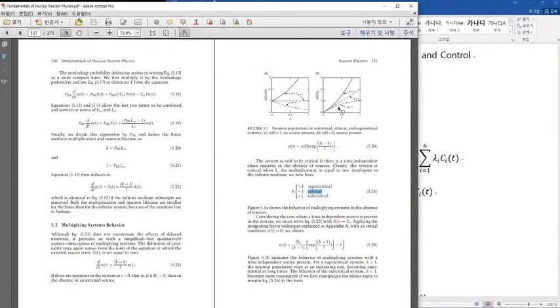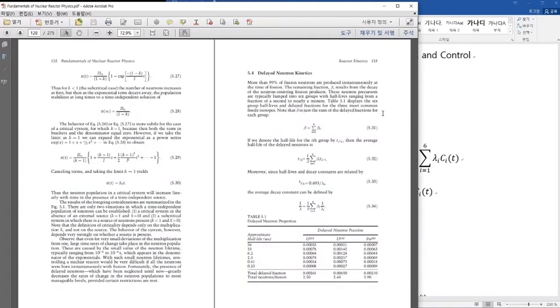When k is smaller than 1, that means for a subcritical reactor with external source, we will eventually have a time-independent steady-state solution for neutron density. So there are only two cases of having such time-independent solutions.